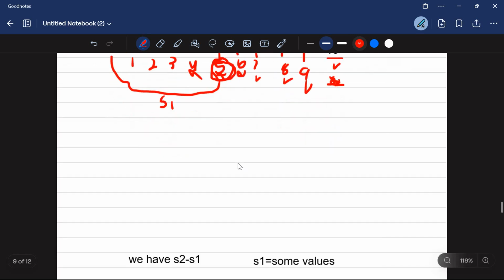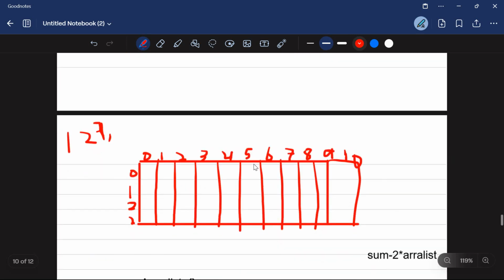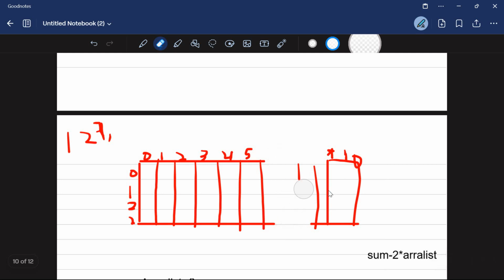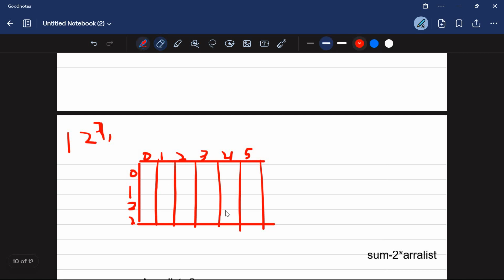So you can put here only 5. You can put more here, but you only need to consider this 5. Don't need to consider the remaining, I will erase this. This last row will tell you whether each sum is possible.